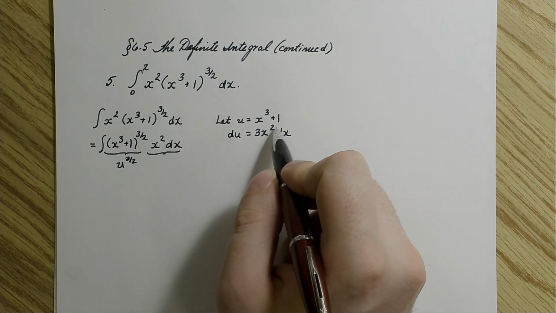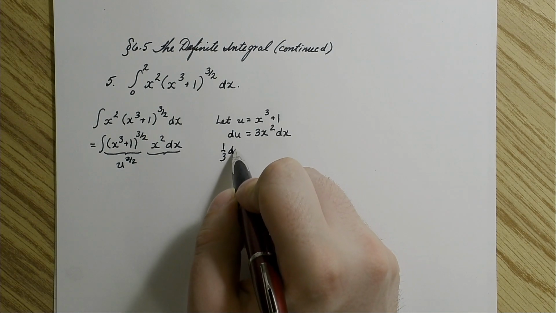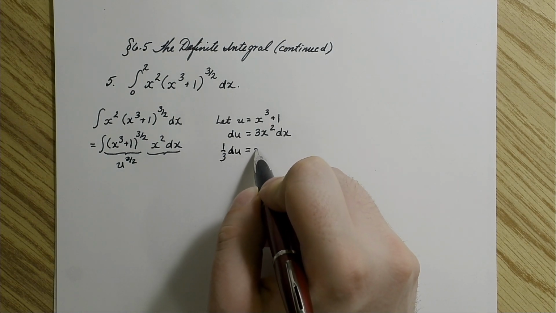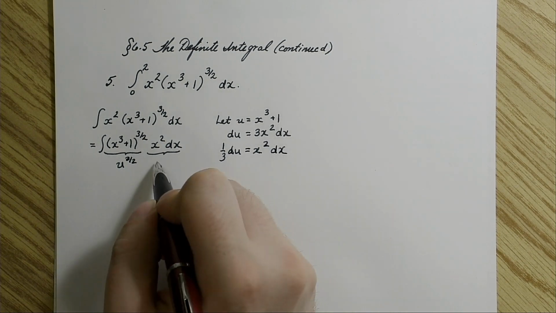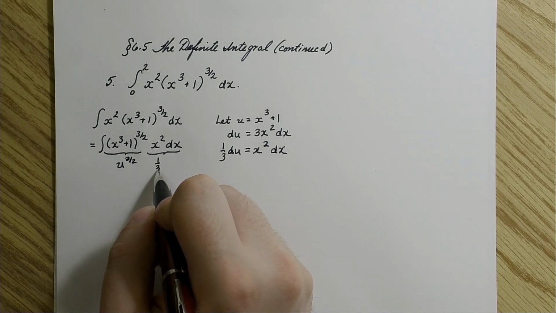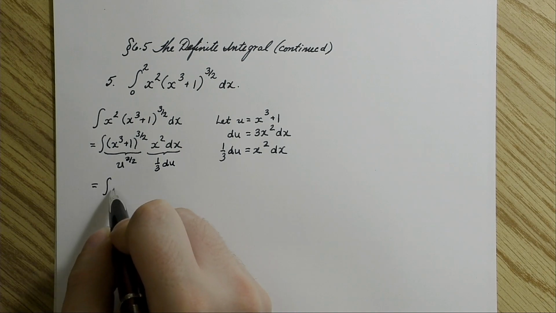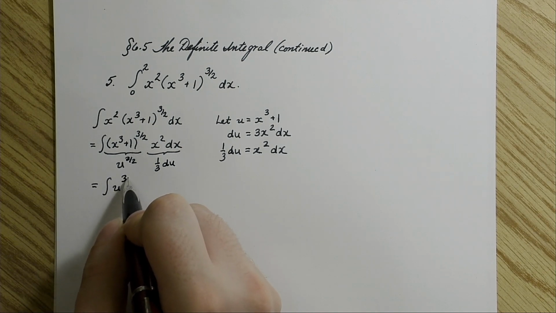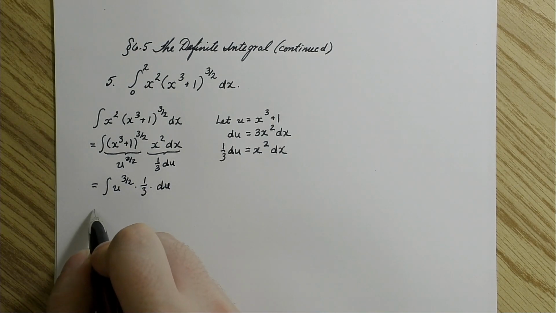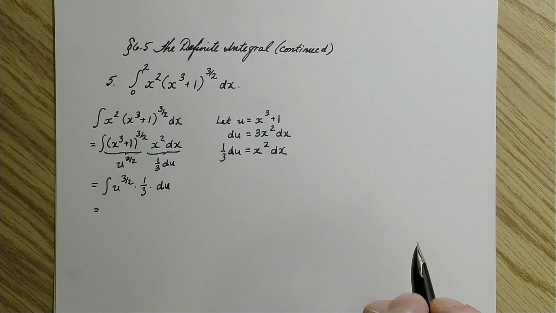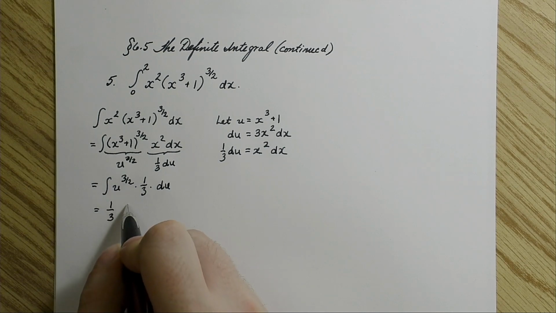I have 3x squared dx, so I'll bring the 3 over to the left hand side. So 1/3 du equals x squared dx, and that means I can replace that with 1/3 du. So I've got u to the 3 halves times 1/3 du, and with the property of the integral, I can bring that 1/3 in front because it's just a constant.